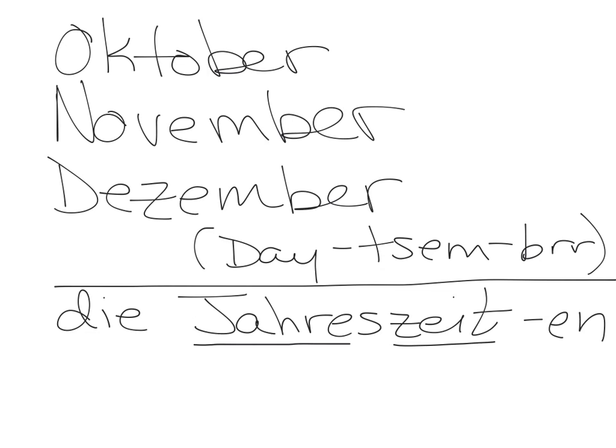Zeit is the word for time. Traditionally, if you're combining words like that, you say time of year. What does it mean? Season. All right, try that one. Die Jahreszeit. Yeah, so that is a season.